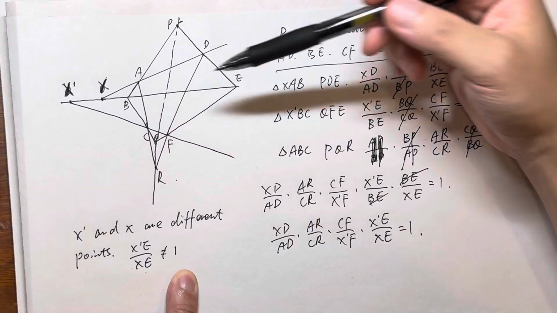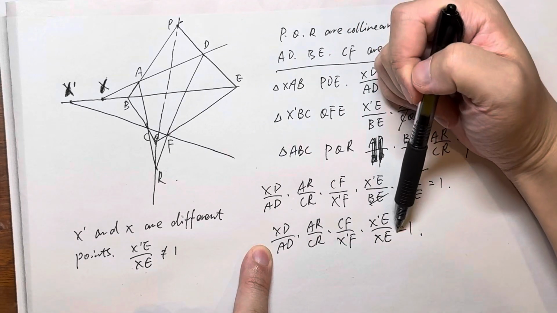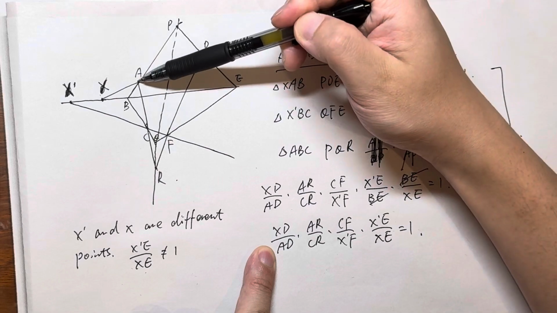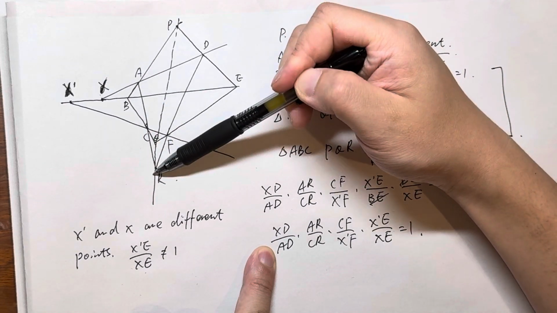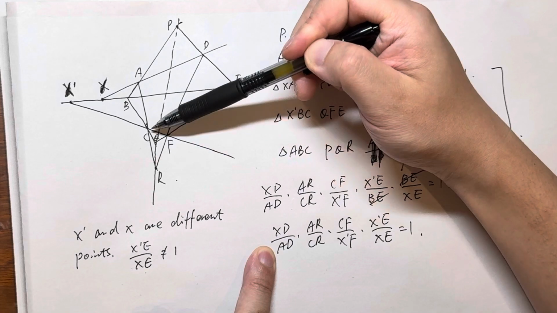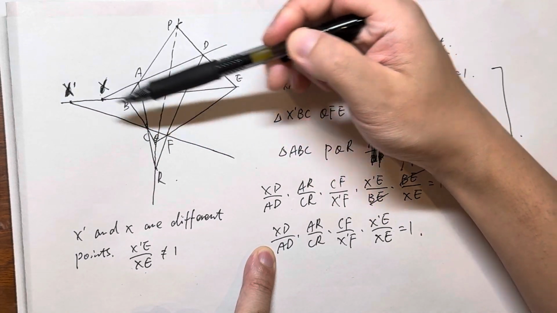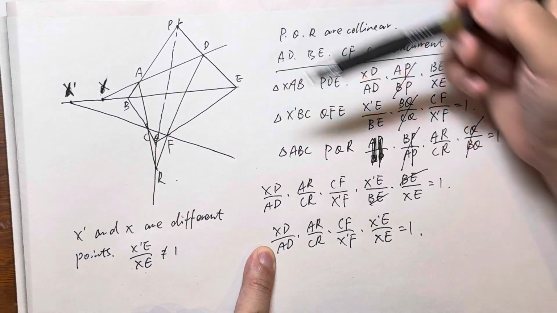So if we look at the figure, let's go through this deduction. We have XD to AD times AR to CR times CF to X prime F times X prime E to XE equals 1.